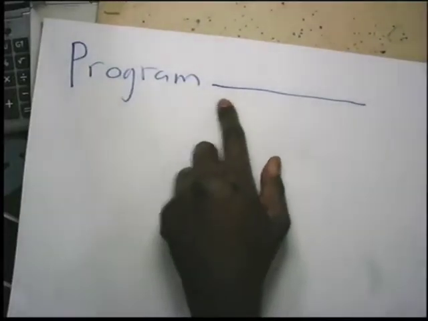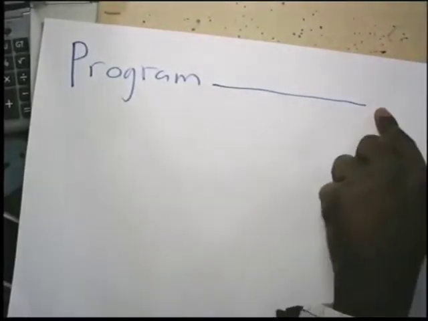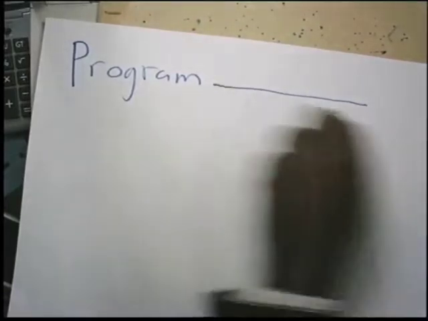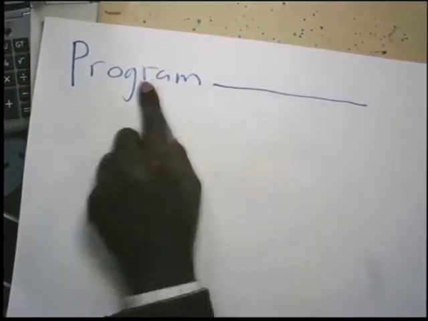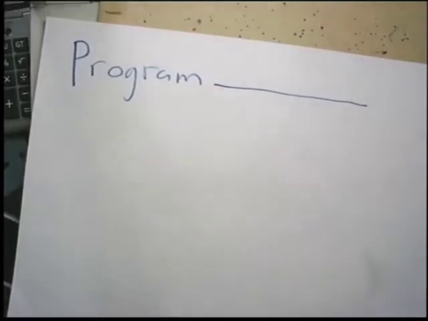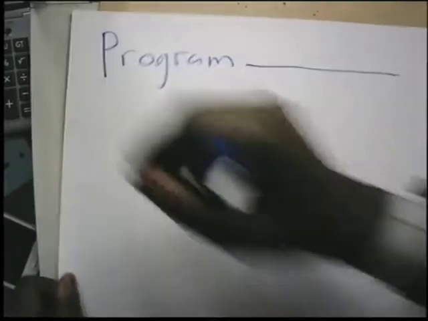So when you say program, you put the title of your program here. A program that can calculate interest. A program to calculate loan disbursement. A program to pay salaries. A program to calculate student marks. What the program is going to do, what the program is all about, put it there, it's kind of a heading. Then after that, you have what is called the declaration.